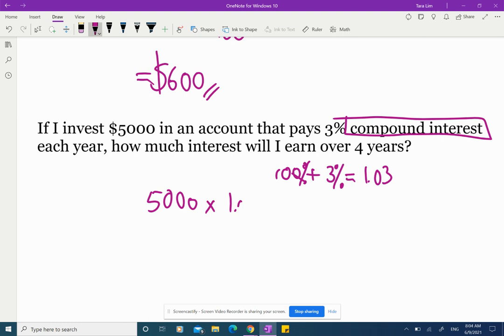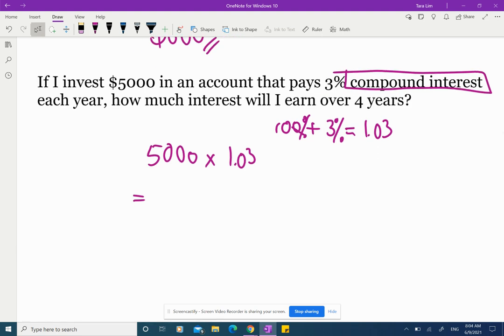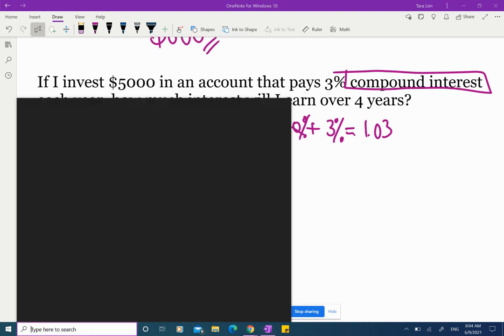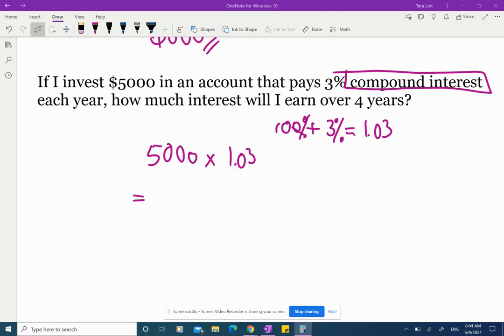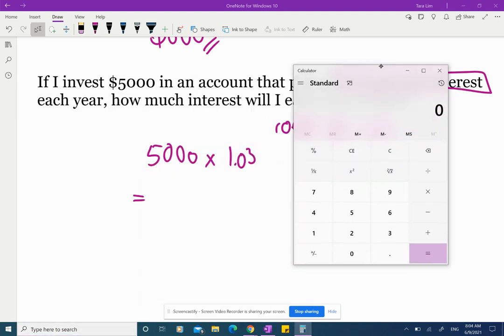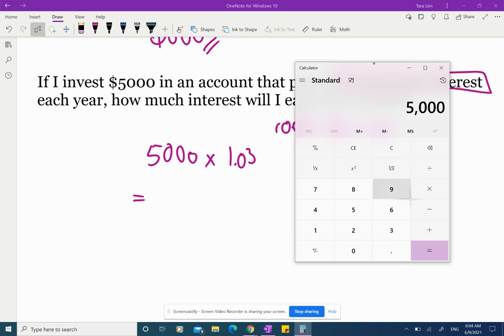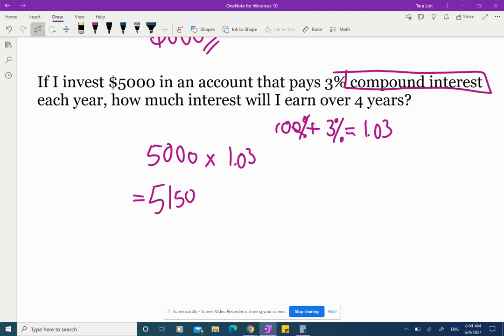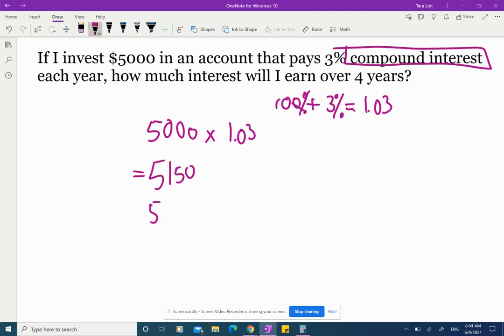So we times 1.03. 5,000 times 1.03 is 5,150. And then after we know the answer, again, we have to times 1.03. And we have to do that 4 times because there are 4 years.